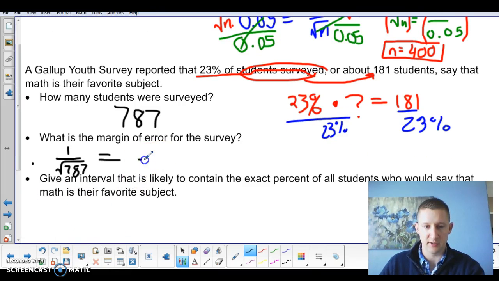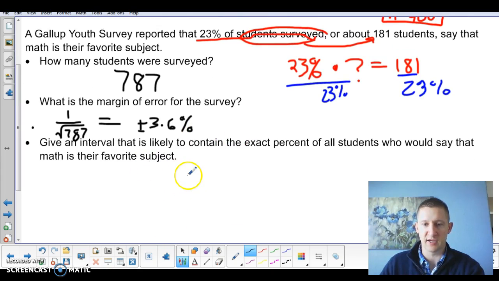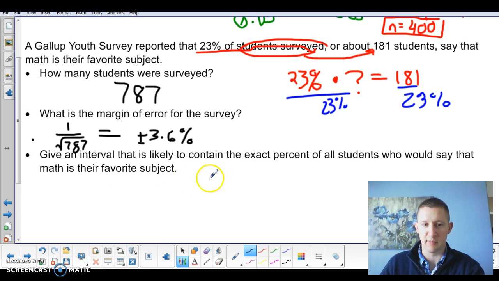All right. So plus or minus, always 3.6%. All right. And then to give an interval that is likely to contain the exact percent of all students who would say that math is their favorite subject, well, if 23% was the amount that we got from the survey, again, we're going to look at 23 and we're going to be 3.6 above it and 3.6 below it.